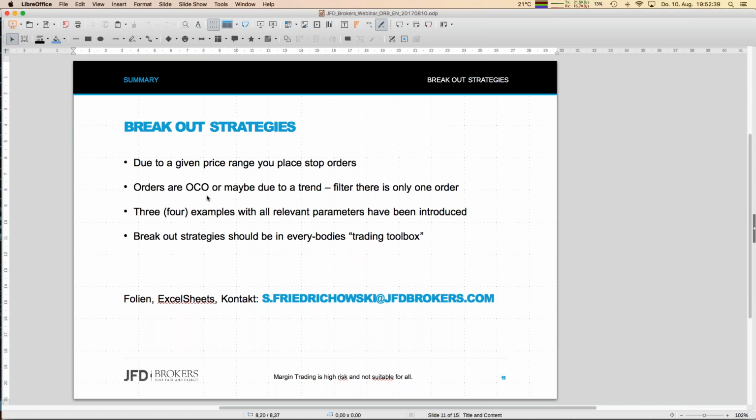My personal opinion is that breakout strategies should be in everybody's trading toolbox. They are easy to go for, and they are profitable, which is, I think, the best argument. And you can adjust that kind of strategy to your own settings quite well. You can change parameters and find your own.